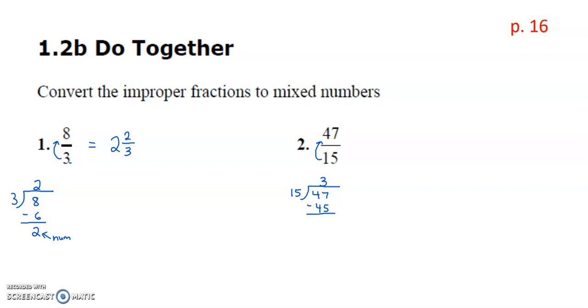So when we subtract, we're going to be left over with 2 remainder. So 15 goes into 47 3 whole times with 2 left over out of the original 15 denominator. Okay, so again, numerator is our leftover. Denominator doesn't change. And this 3, how many times it goes in, is the whole number.